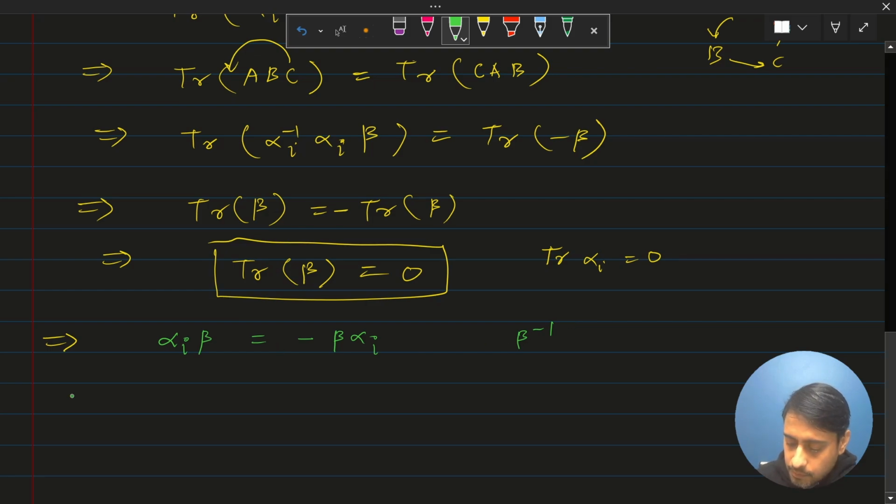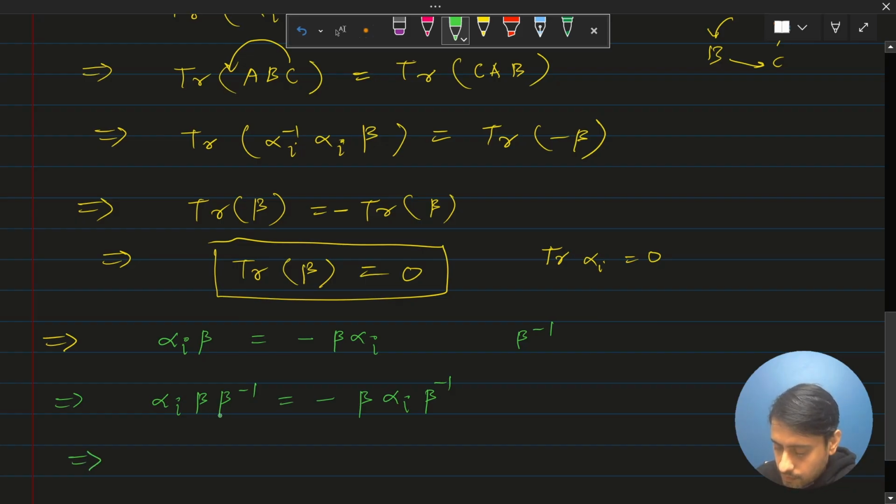If I multiply both sides by beta inverse, alpha I beta then beta inverse gives minus beta alpha I beta inverse. This implies this will be 1, so alpha I will be minus beta alpha I beta inverse.